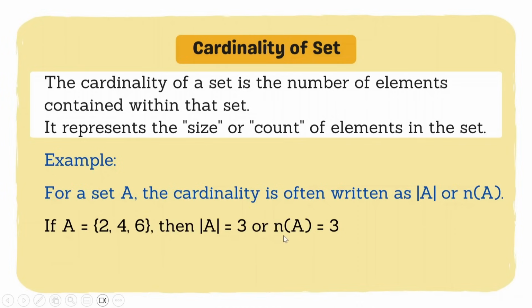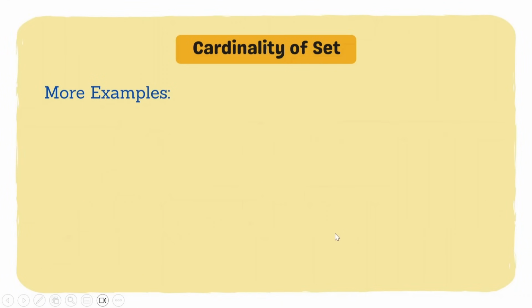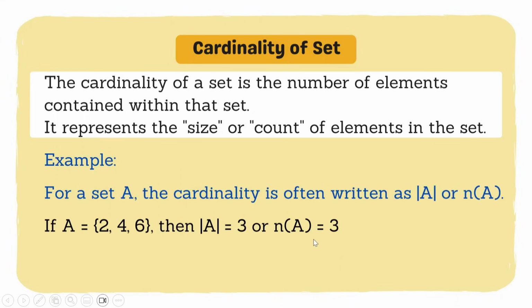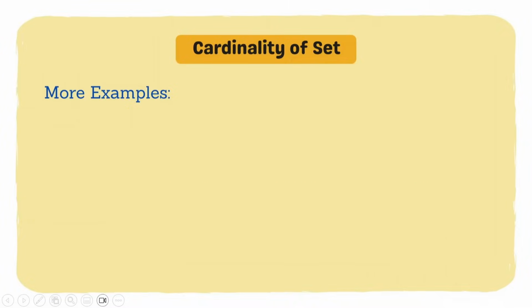Or, ganito po yung pagkakasulat. Cardinality of A is equal to 3. Okay? Yan. Ang isa pong tawag natin dito sa 3 ay cardinal number. Okay? Aside from saying cardinality of set A.